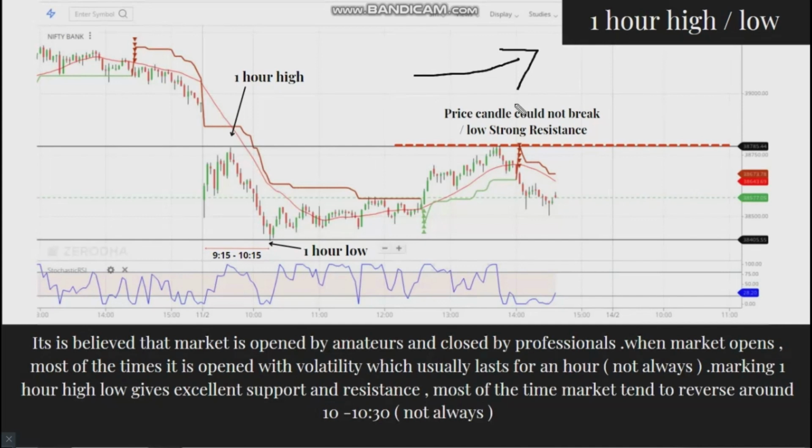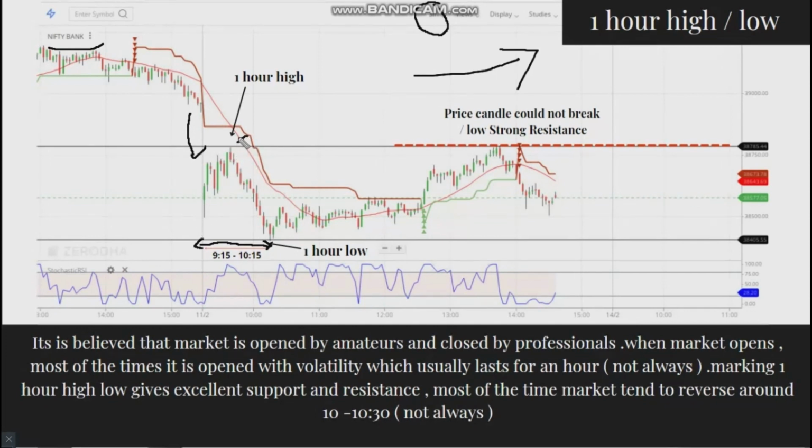with a probability. So here what we are looking at is the Bank Nifty indices chart, and this is a 3-minute time frame. So we can see this 9:15 when the market started till 10:15. So this is the area which we are talking about here. As you can see in this chart, the market actually opened with a gap down, and from here it started going up.